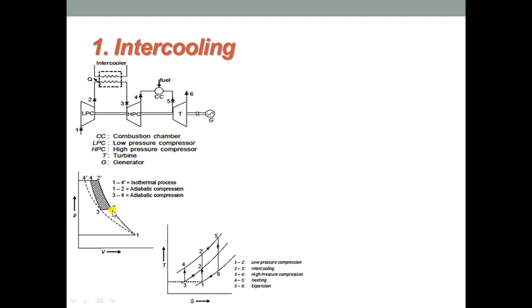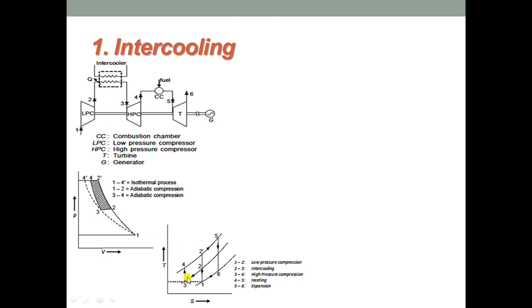Atmospheric air at condition 1 enters the low pressure compressor, that is first stage of compression, and is compressed isentropically to an intermediate condition at 2, then cooled at constant pressure to condition 3.